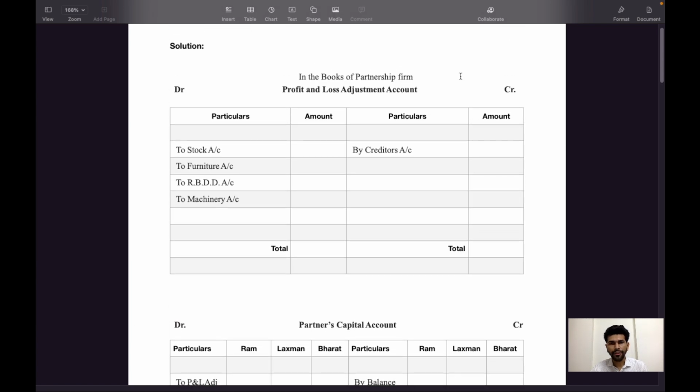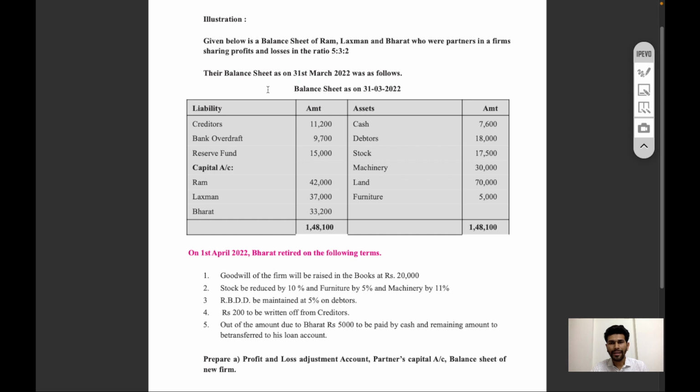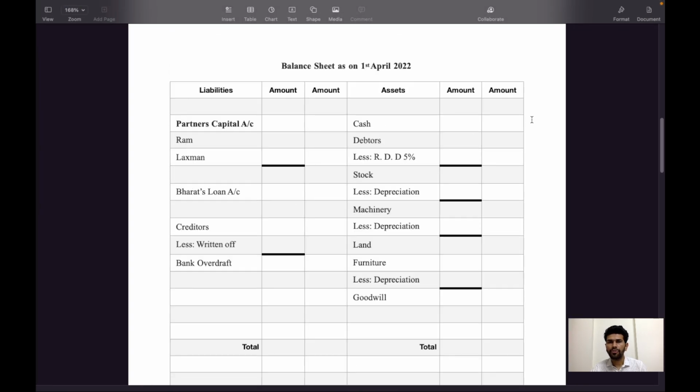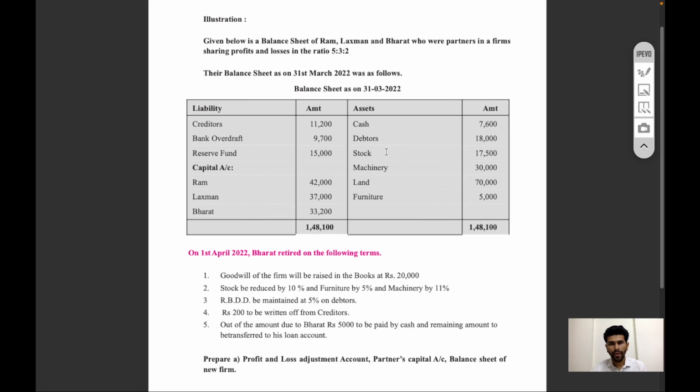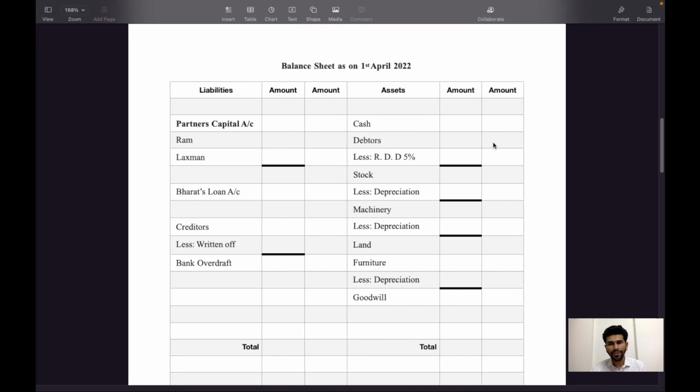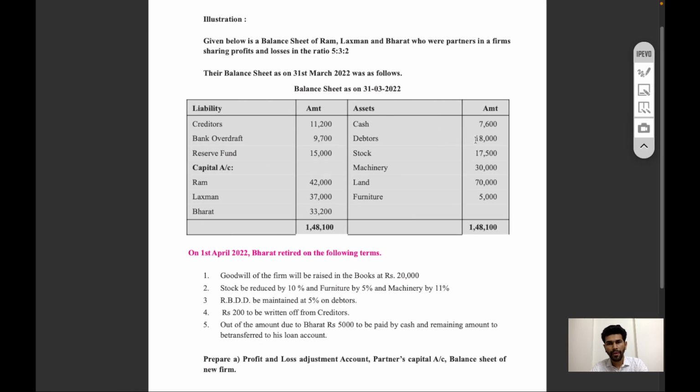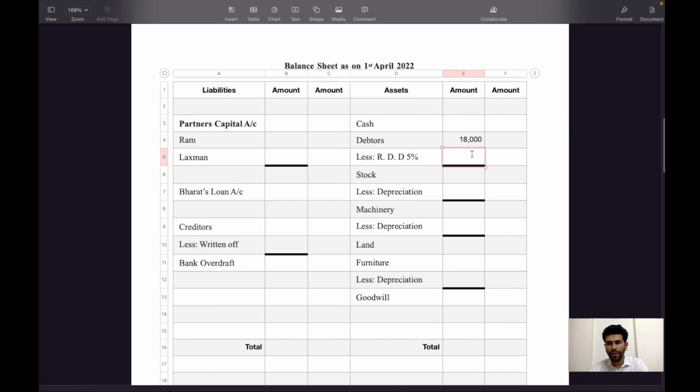So let's start with the balance sheet. Asset side, cash 7,600 is given. So we will record cash at the end after recording all the entries. Debtors 18,000 rupees. There is adjustment in the debtors, so we will record in the inner column. Stock 17,500.